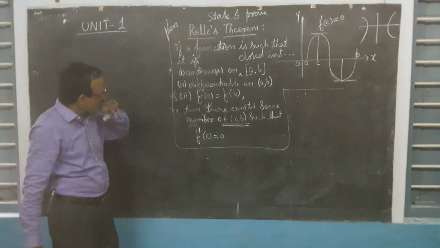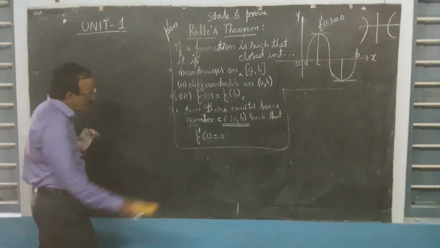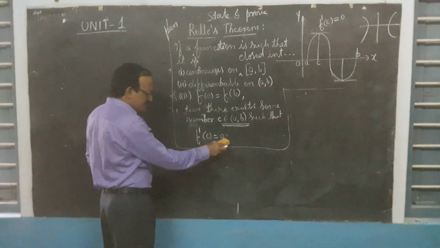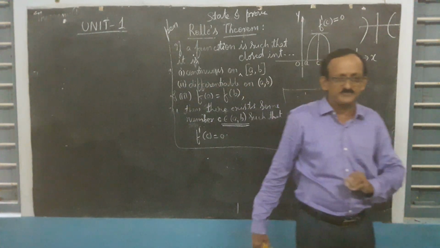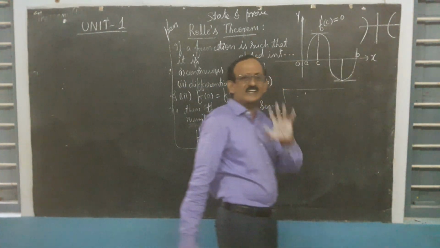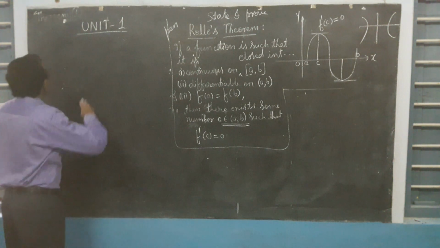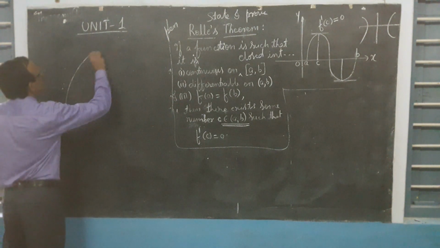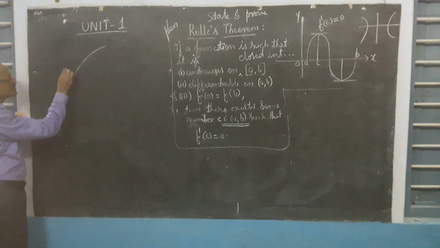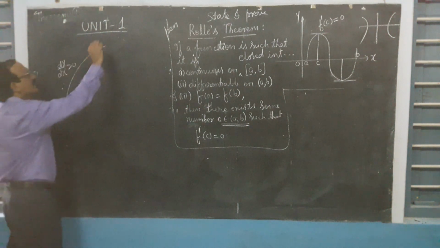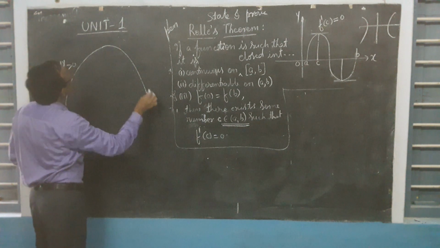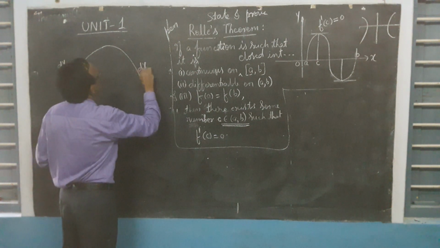Now the question is, what do you mean by saying that f dash C is 0? What is the geometrical meaning of Rolle's theorem? Please look at the increasing and decreasing graph. The graph of a function is increasing if dy by dx is positive, and decreasing if dy by dx is negative.